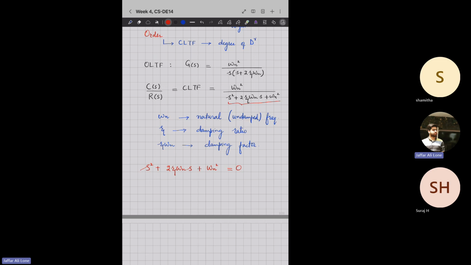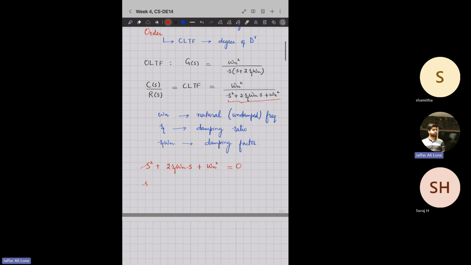It's a quadratic equation, so I'm denoting s1 and s2 to be the roots, and using the quadratic formula, (minus 2 zeta omega n) plus minus square root of ((2 zeta omega n) squared minus 4 into a into c), divided by 2 into a.